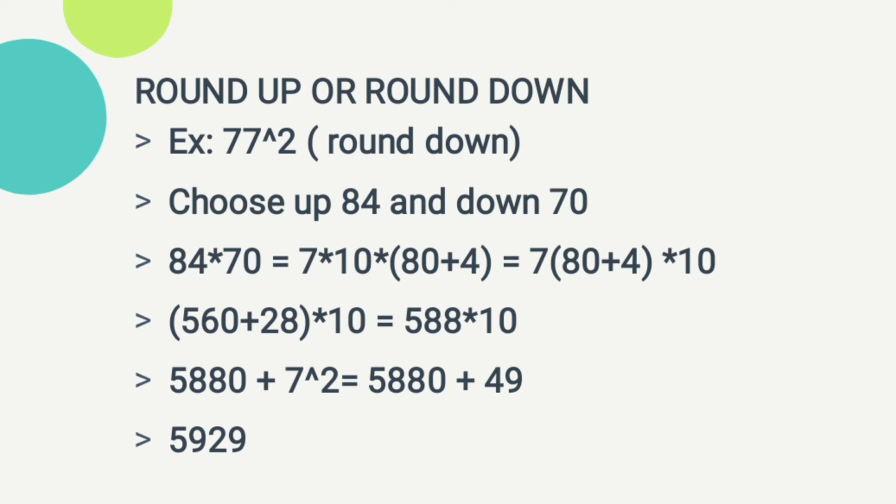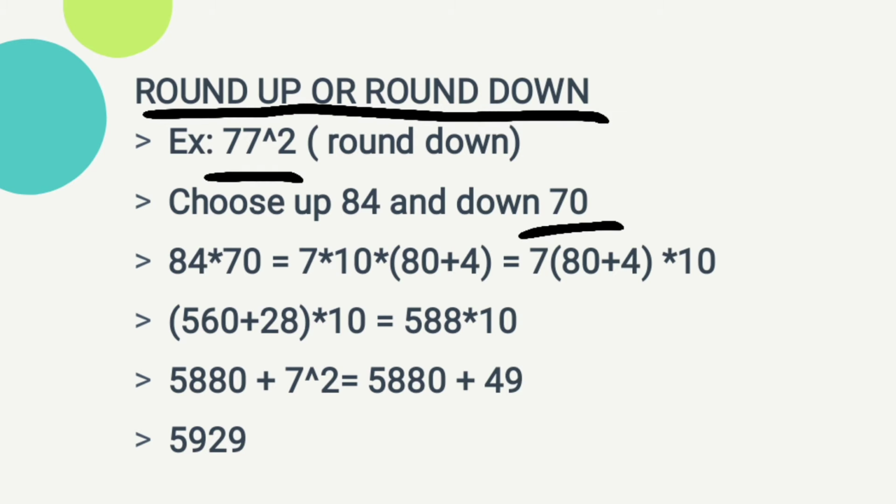Here we will see what is rounding up and rounding down. 77 is the number to be squared. Choose rounding down to the nearest multiple of 10. In rounding down, the bottom number is rounded to the nearest multiple of 10 and hence it is 70 for 77.